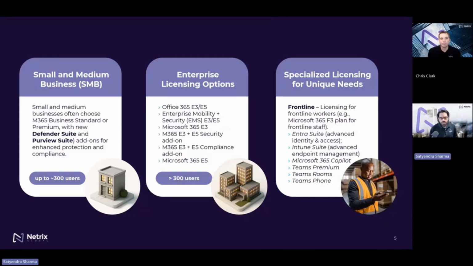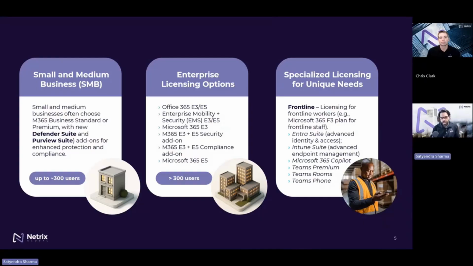There are other components also involved. So there is an EMS mobility package for additional components, security, device management, and so on and so forth. And we are going to talk a little bit more about it in the future slides. But the message here is that there are business licenses for small and medium, and there are enterprise licenses for larger organizations.